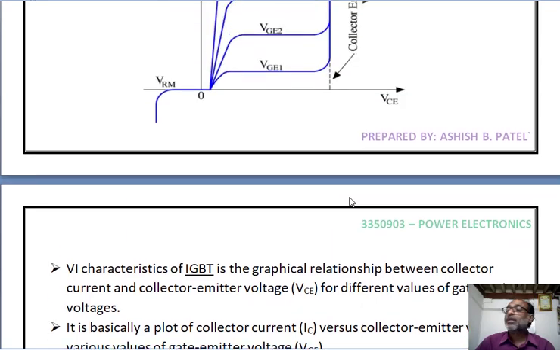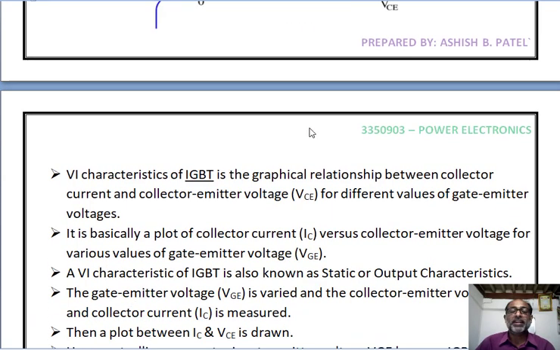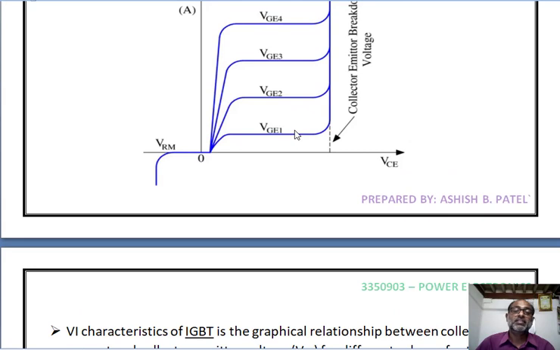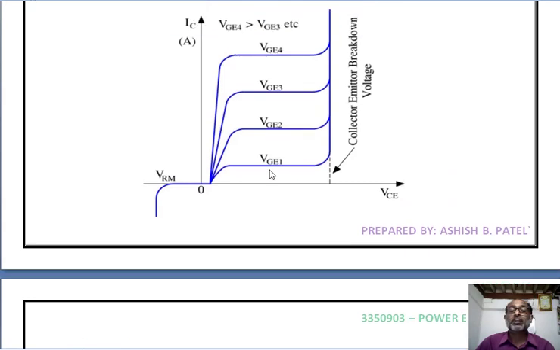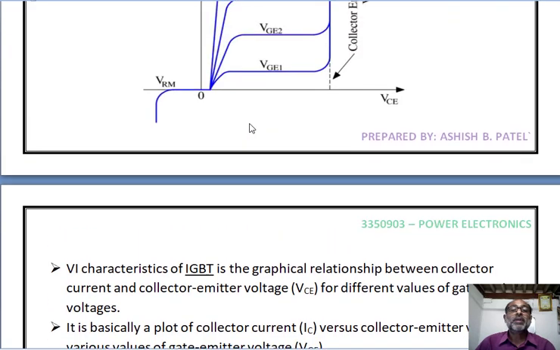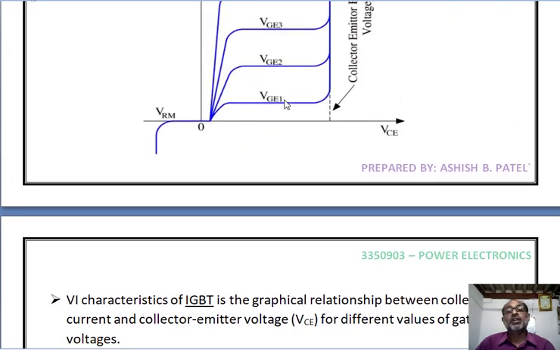Now the gate emitter voltage is varied, and the collector emitter voltage VCE and collector current IC are measured. For different values of VGE, we measure the collector emitter voltage and IC, then draw the graph between IC versus VCE. Here you can see the controlling parameter is the gate emitter voltage.